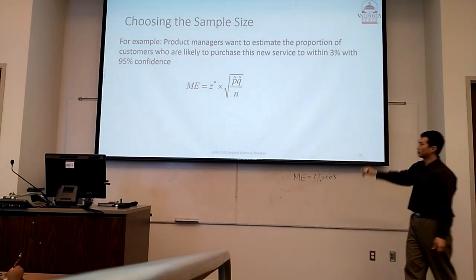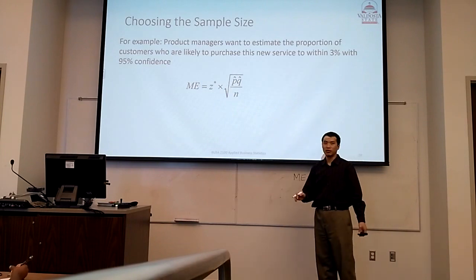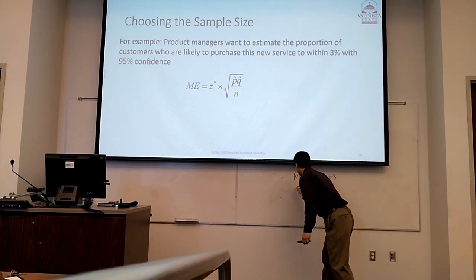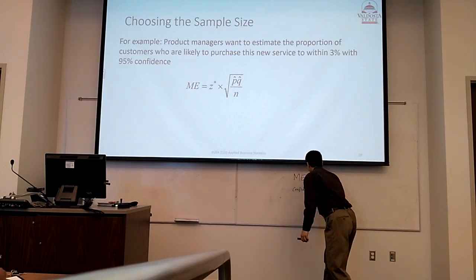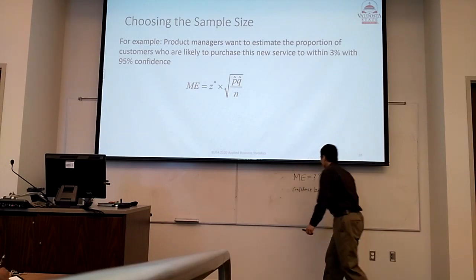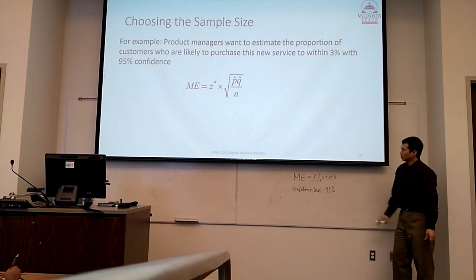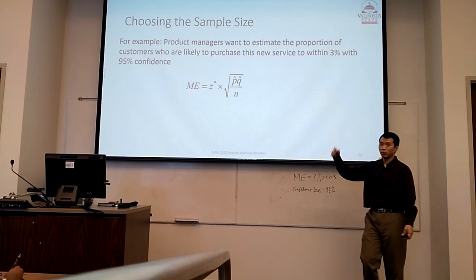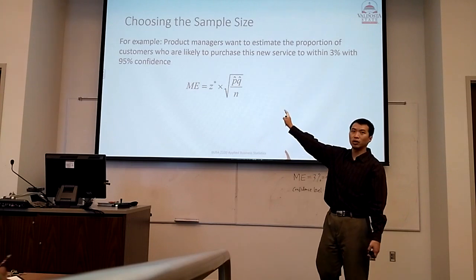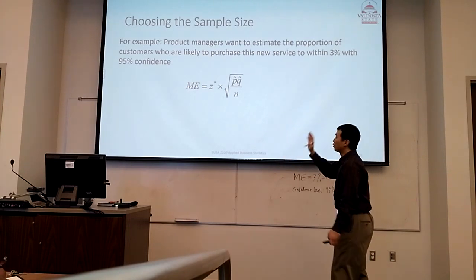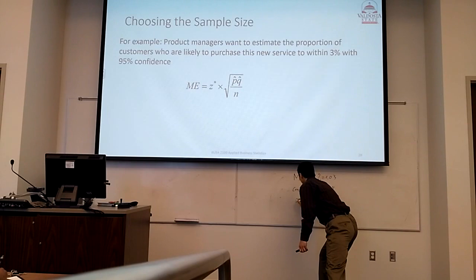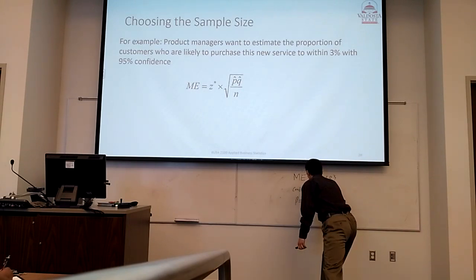This is the 3%, and your confidence level is 95%. And from the previous slide, we know that in this case, we use the worst case scenario, which means p hat is equal to q hat is equal to 0.5.